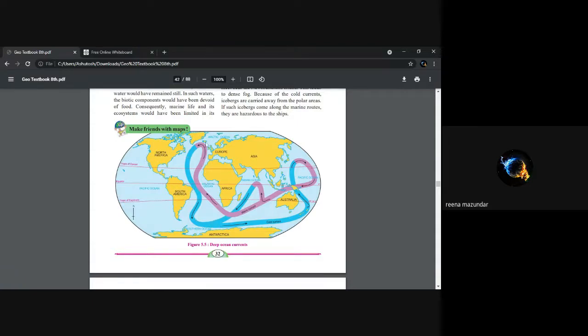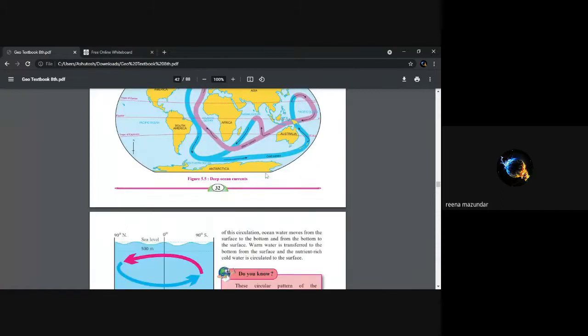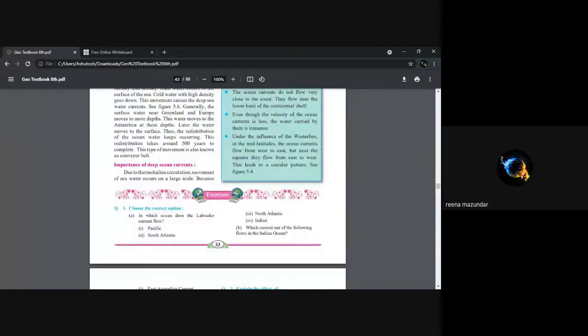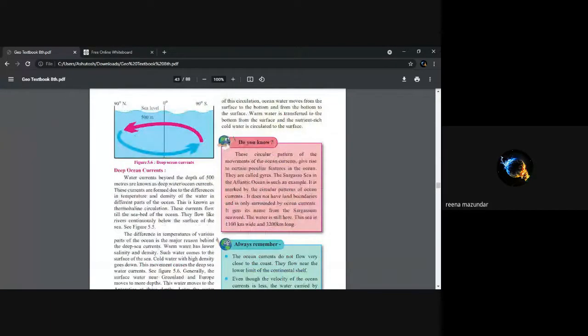So because they get mixed together, all the particles, whatever the nutrients are there, the algae, the planktons, they come up. Those are the food for the fish. And in this way, we find that the deep ocean currents are very, very useful.